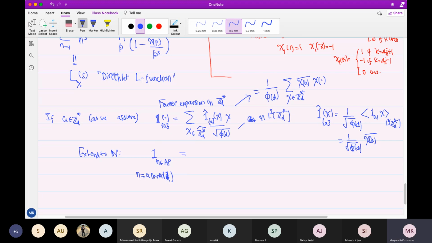So in other words, the indicator that n is congruent to A mod D is written as a sum over chi in ZD star hat, with 1 over phi of D, and then chi of A conjugate and then chi of n.